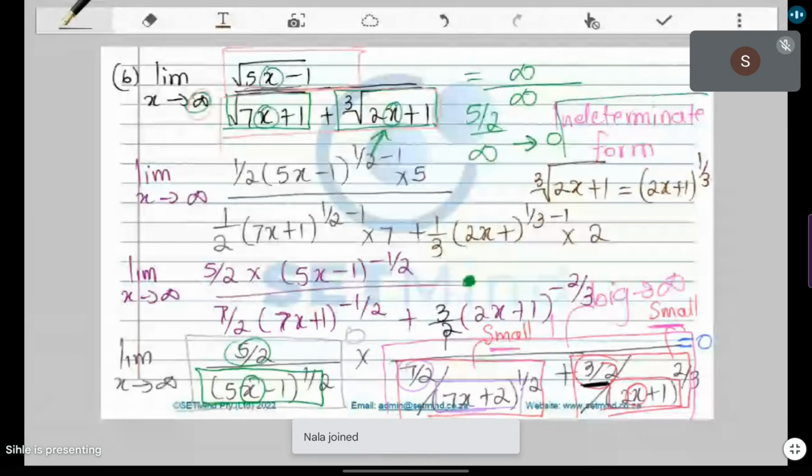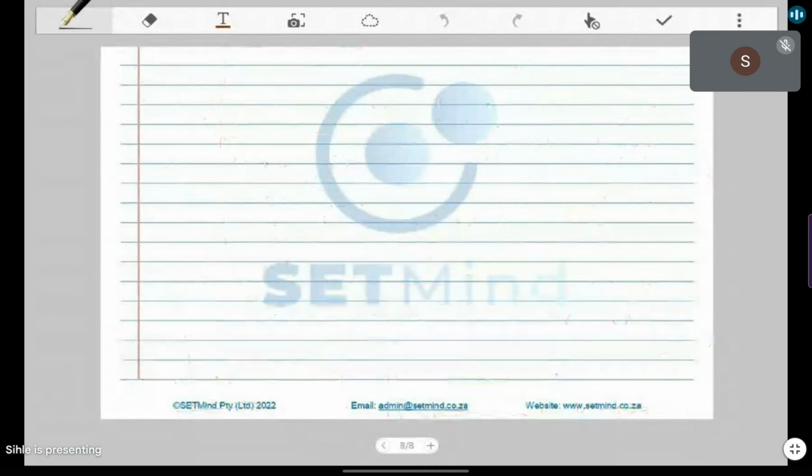Okay, cool. So let's look at another question. Did you guys do integration? Because there's a question I got for integration. Okay, see this one.